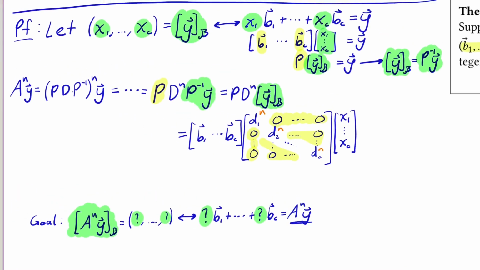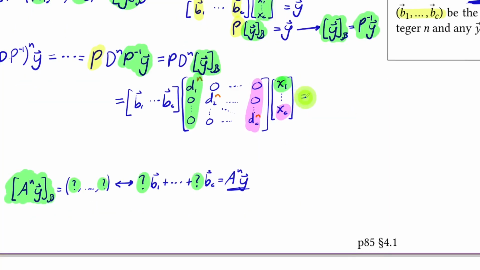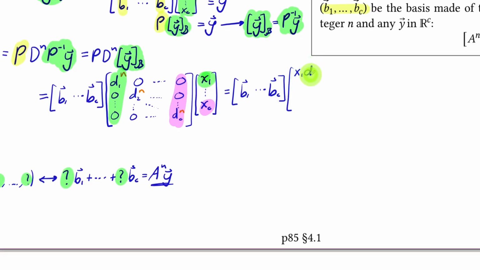And we can see what's going to happen when we multiply this diagonal matrix times this. We're going to do x1 times this column, x2 times the second column, xc times the cth column, and that's just going to be x1 times d1 to the power n, and so on, up to xc times dc to the power n.